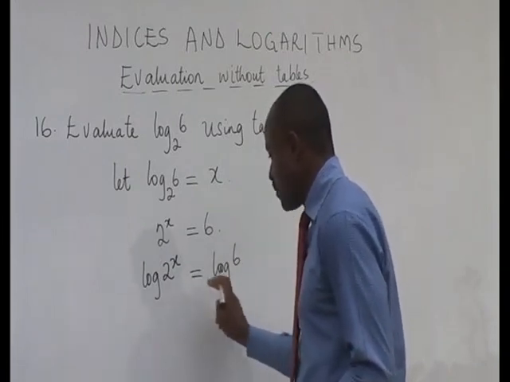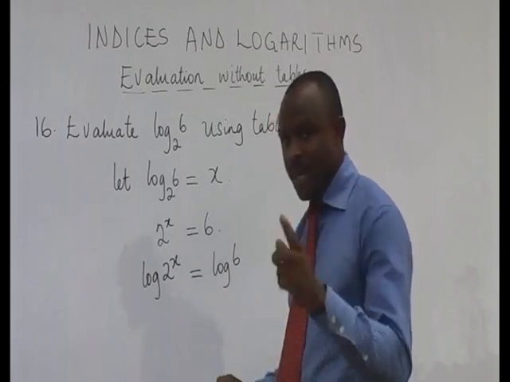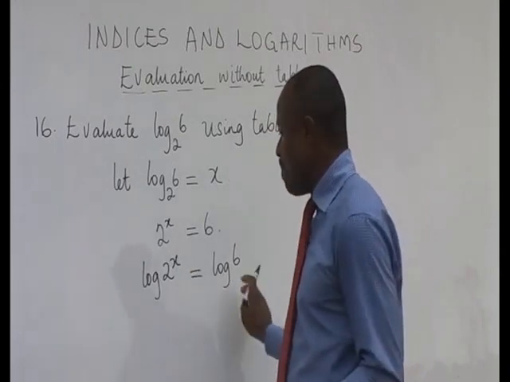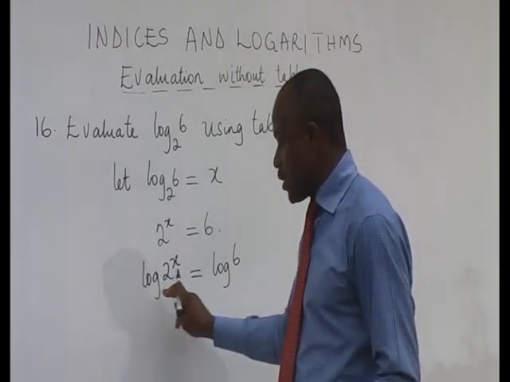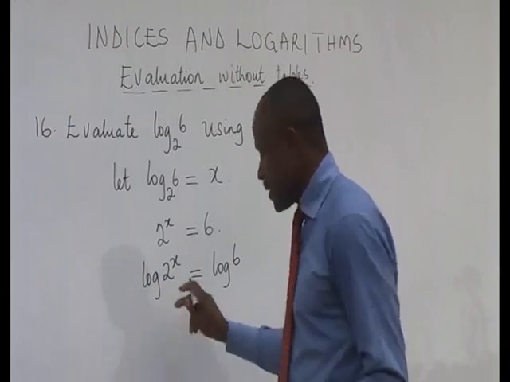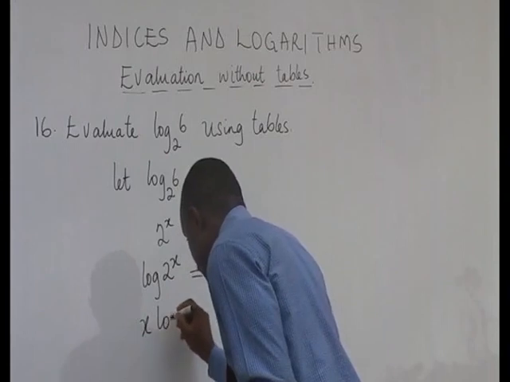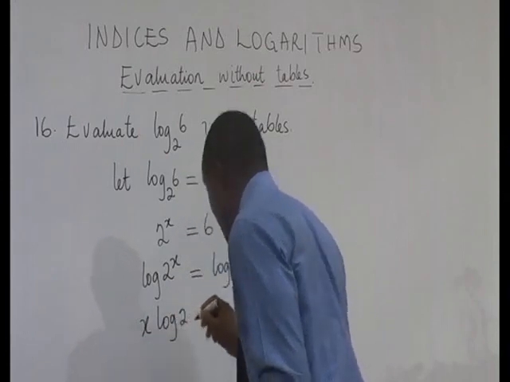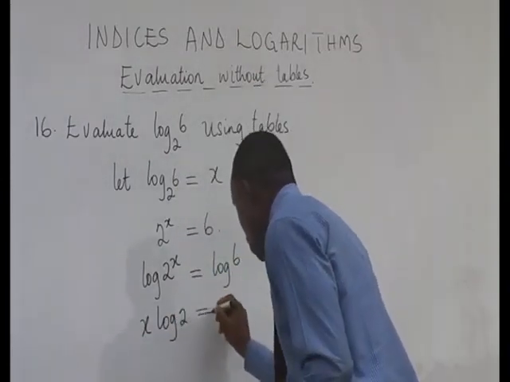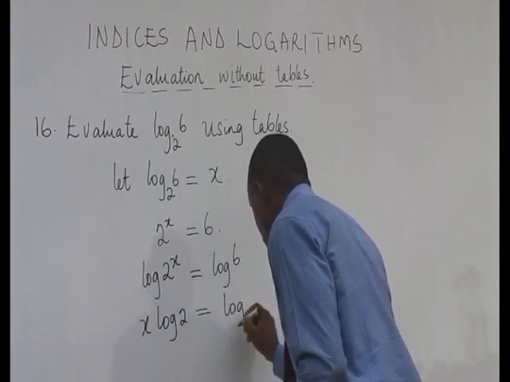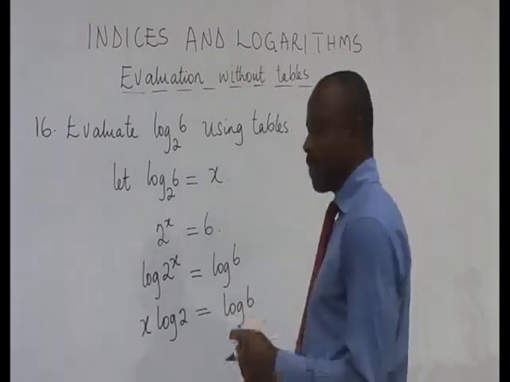Now that you don't have any base attached, remember I told you they are in base 10. Log to base 10 of 2 exponent x means x times log to base 10 of 2. And it's going to be equal to log to base 10 of 6.